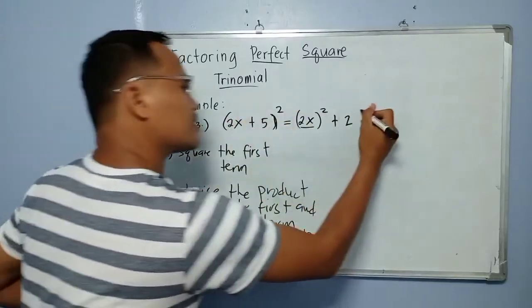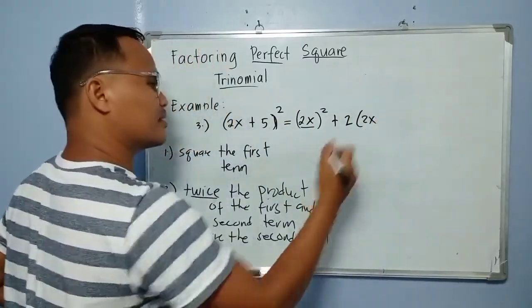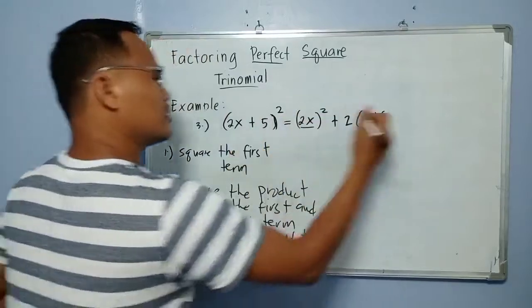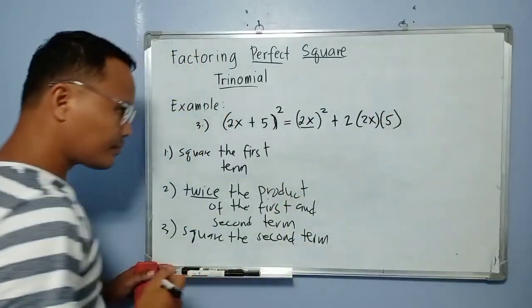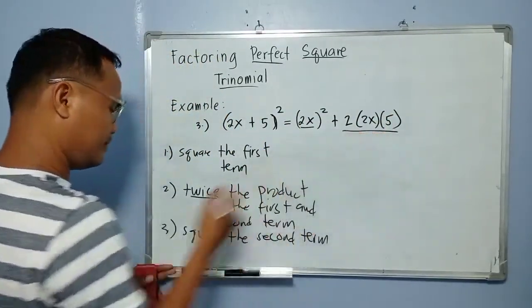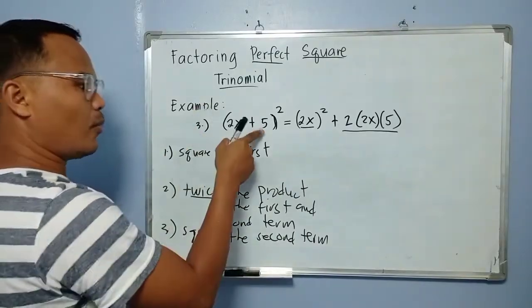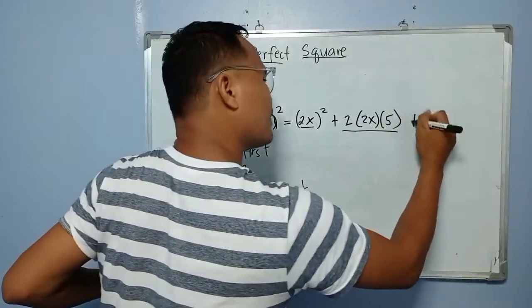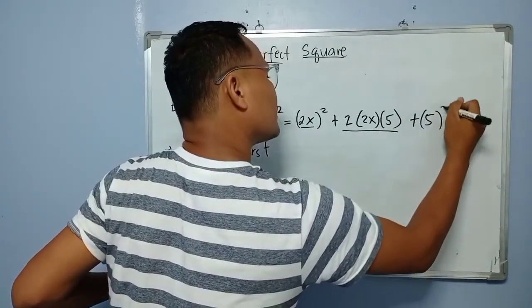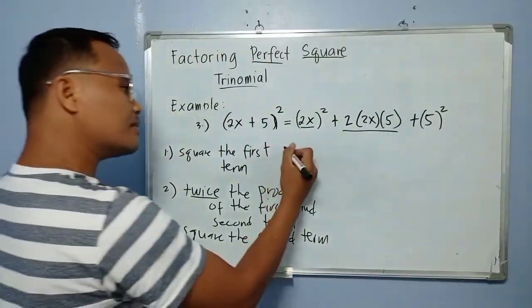Our first is 2x, product of 2x and the second term, 5. That's our second term. For the third term, square the second term. Our second term is positive 5, so 5 squared. Then let us simplify.